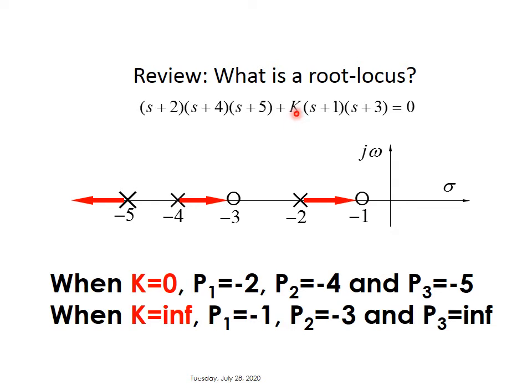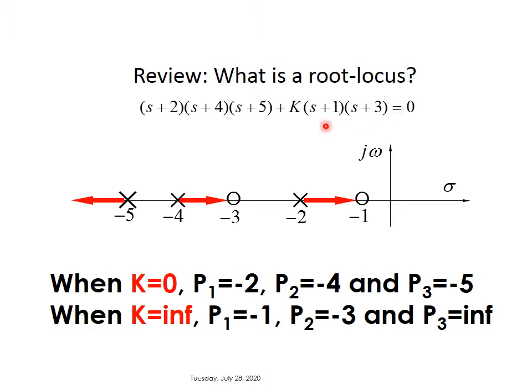We can see that when k equals to infinity, this term will become very, very big in comparison to these three terms, (s plus 2)(s plus 4)(s plus 5). So we can neglect those terms because this term is far bigger than the terms on the left. So we can say that k multiplied by (s plus 1) multiplied by (s plus 3) equals to 0, right?